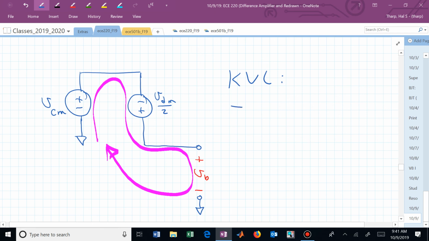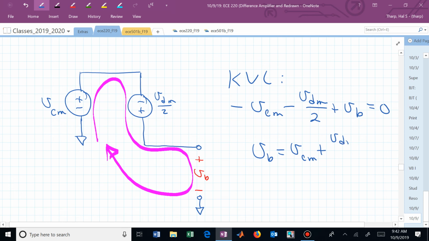I now have minus V sub cm plus, nope, went into the negative, so I now have minus V sub dm over 2 plus V sub B is equal to 0. Or V sub B is now V common mode plus 1/2 of the differential mode, as I wanted.